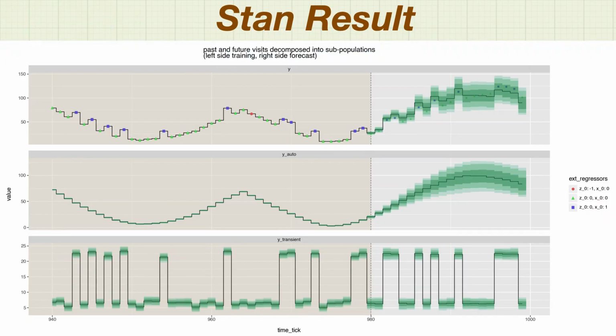Then the right side panels are all the projections into the future. The autoregressive part, where our past depends on itself and our future depends on itself, is the middle panel, and it evolves smoothly forward. The kink in the left of the panel is where one of the durable variables changed.